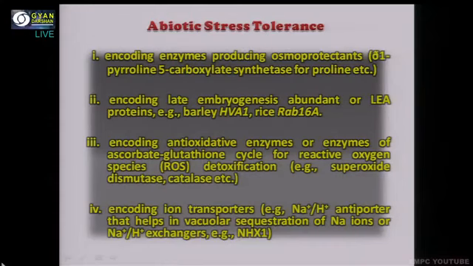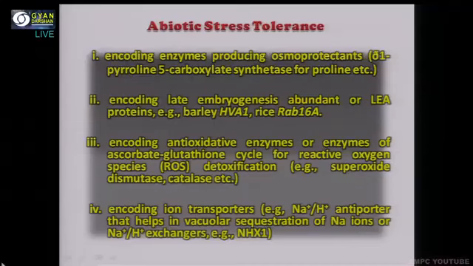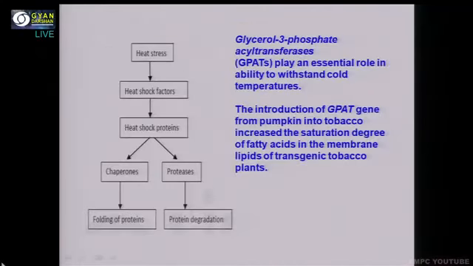Or if it is a reactive oxygen species scavenging enzyme like superoxide dismutase or catalase, you can go for the overexpression of that enzyme or that gene. So that is the approach. You have to understand which are the pathways or which are the proteins or enzymes which are triggered, and then you can go for the overexpression. So in that way you can generate the different environmental stress tolerant plant.